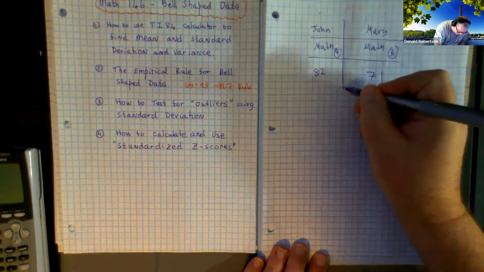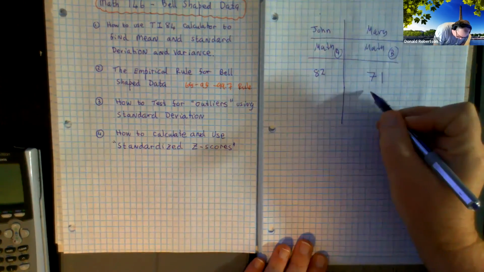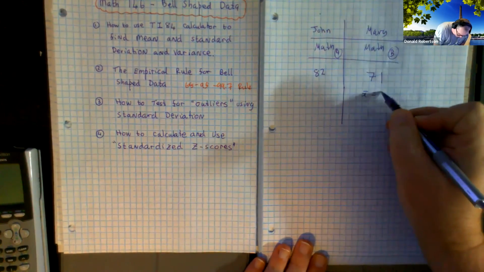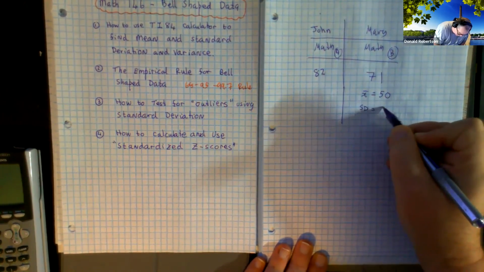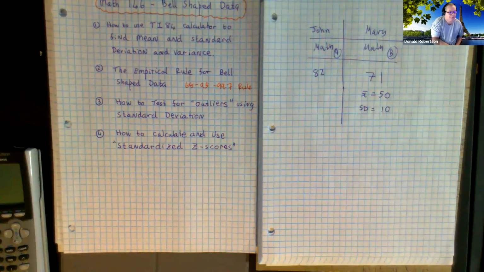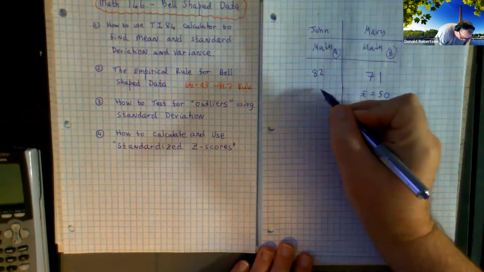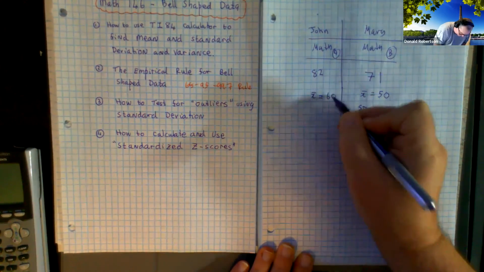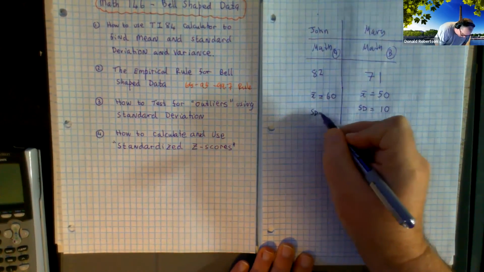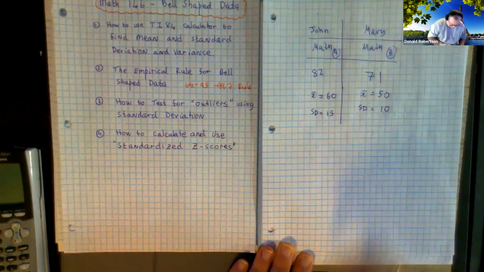So she got some data and she found out that her class, the average was 50 and the standard deviation was 10. And John's class, the average was 60 and the standard deviation was 15.